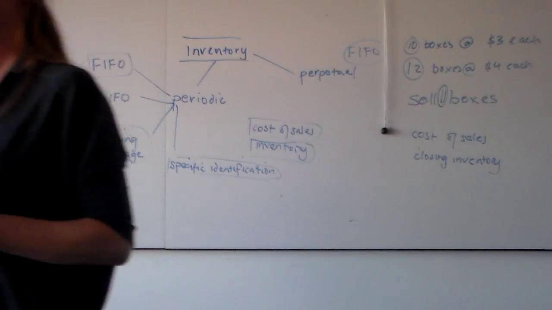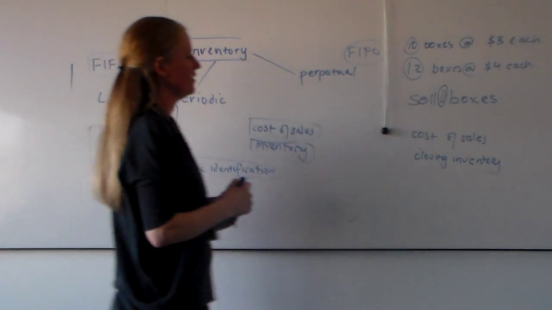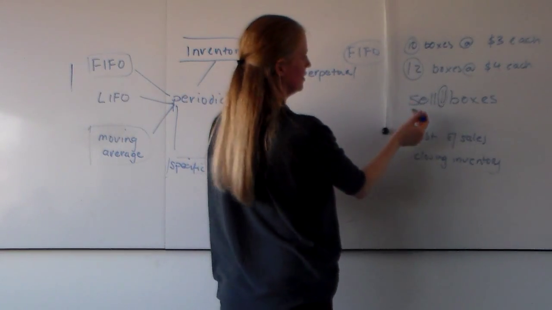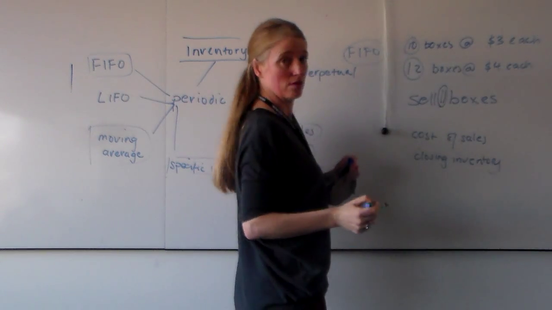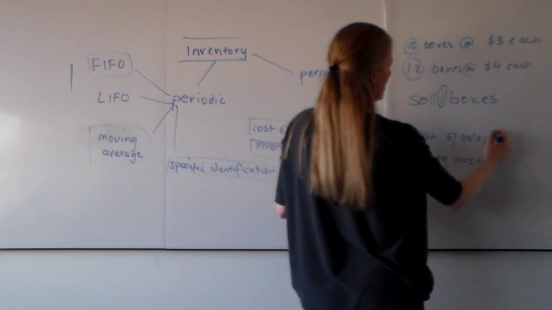What's my cost of sales and what's my closing inventory? 34 as cost of sales and 44 as closing inventory. Okay, so how did you work that out? It was 34 for the cost of sales and 44 for closing inventory.